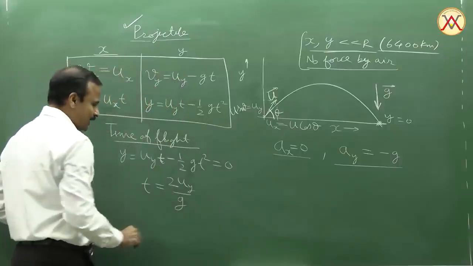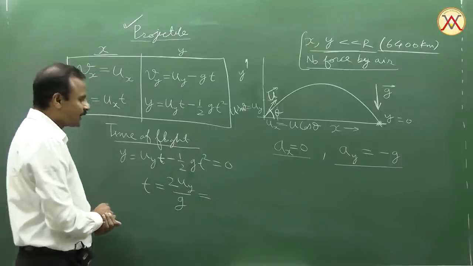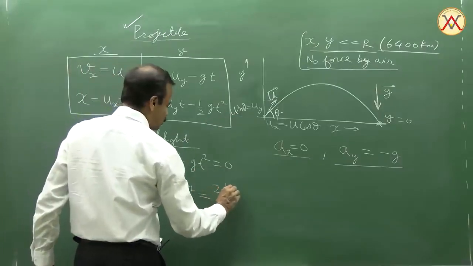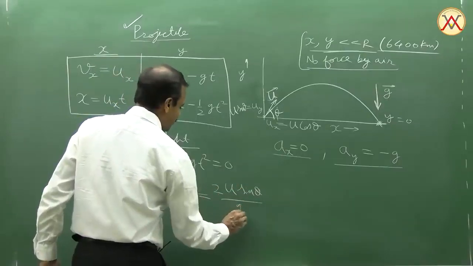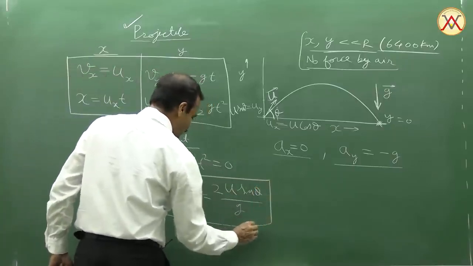So, the time of flight, if I want to write it in terms of magnitude and direction of initial velocity, I can say this will be 2u sin theta by g. So, this is the formula for time of flight.